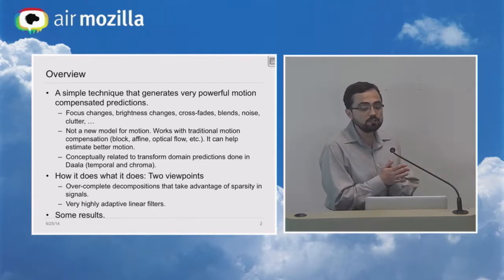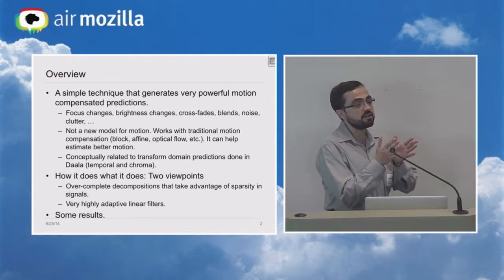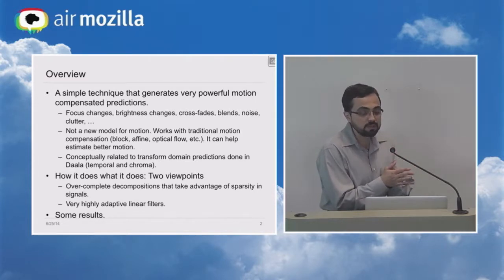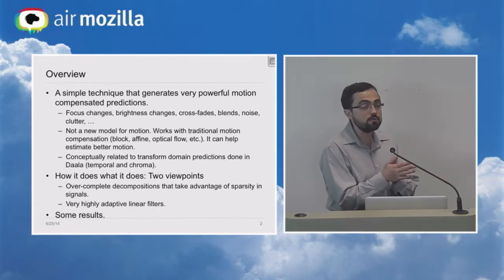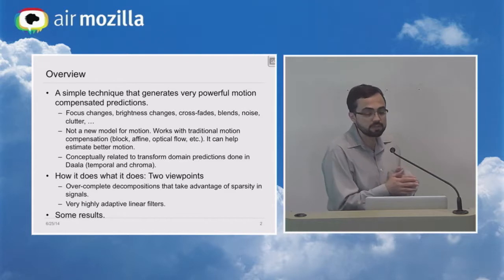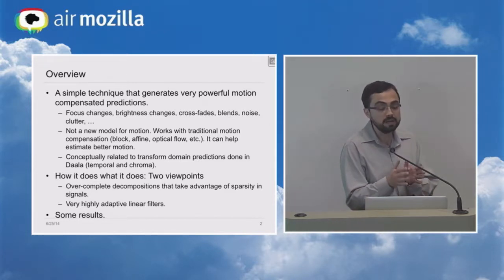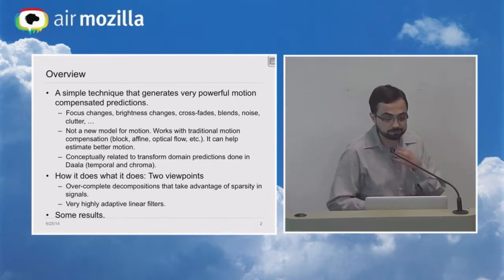Throughout the talk, initially I'll focus on two pictures that are aligned, but then we'll look at results in video where there's motion, and also at one application where we try to estimate better motion, or better displacement, between two frames.